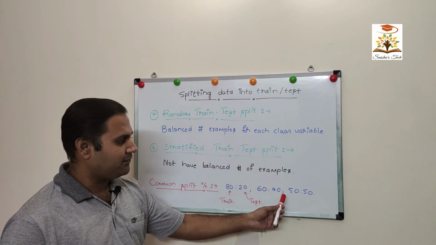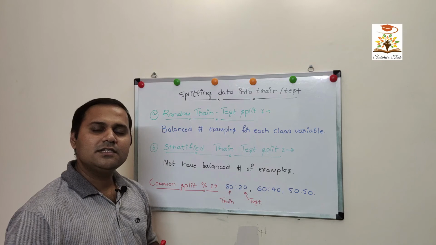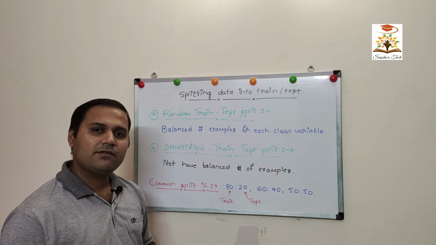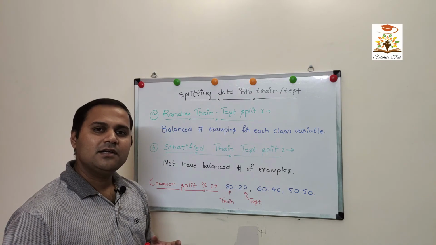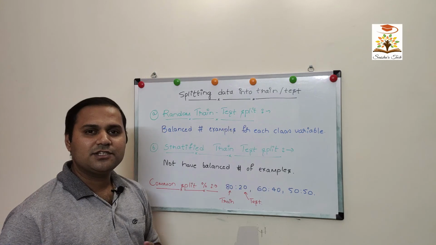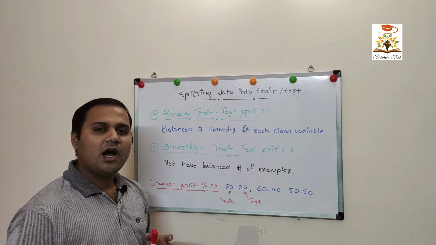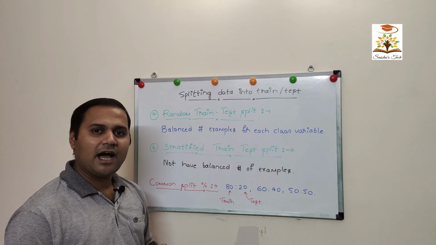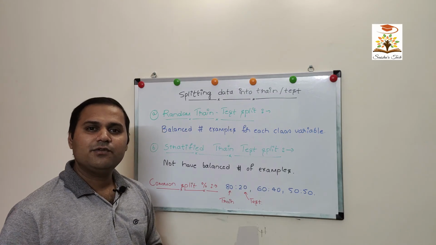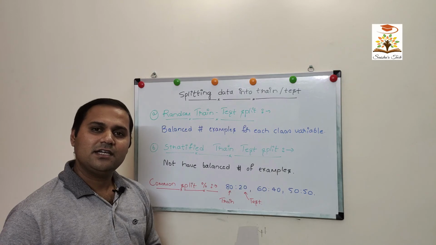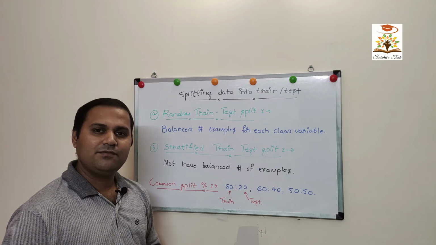Similarly 60-40 and 50-50. This also depends on the requirements of the clients and differs from industry to industry. The practical approach of how to split the data in R and Python we will learn when we are building the models in each of the cases in future videos.